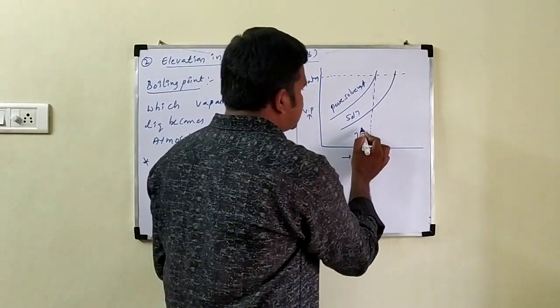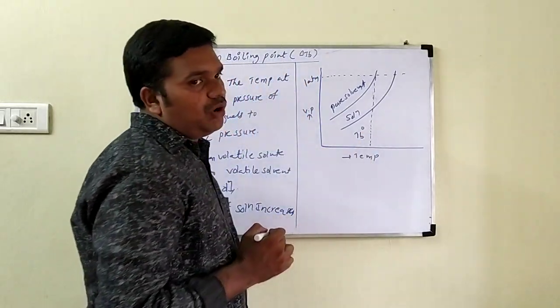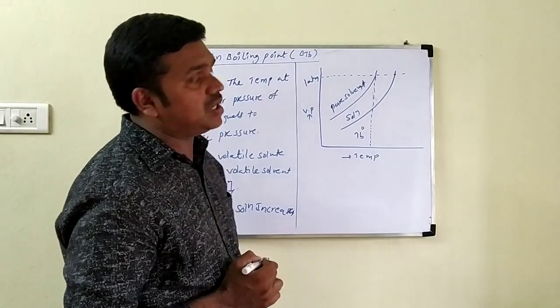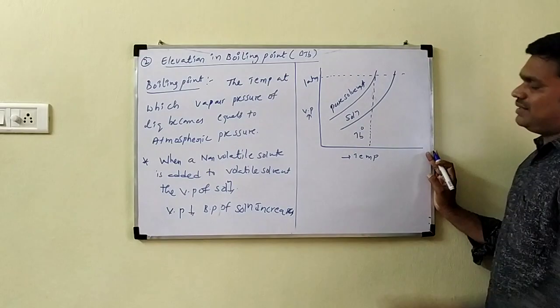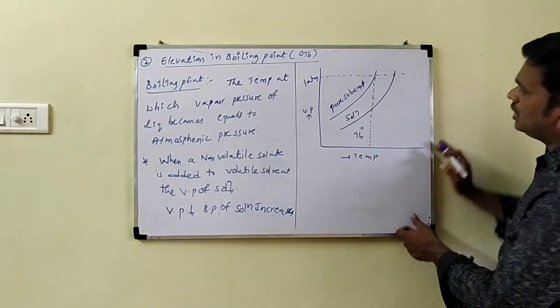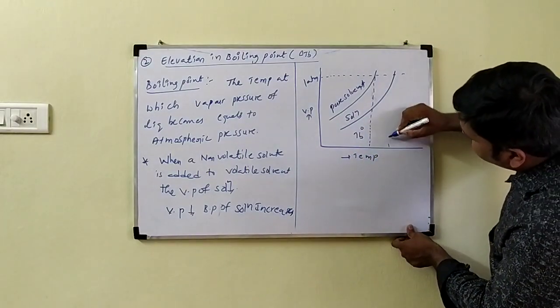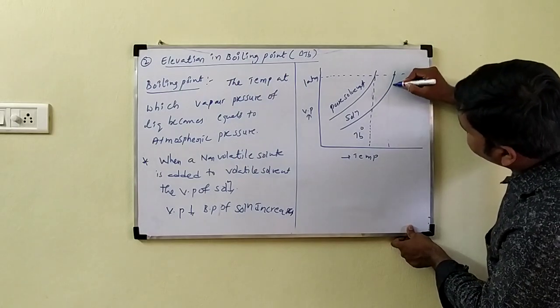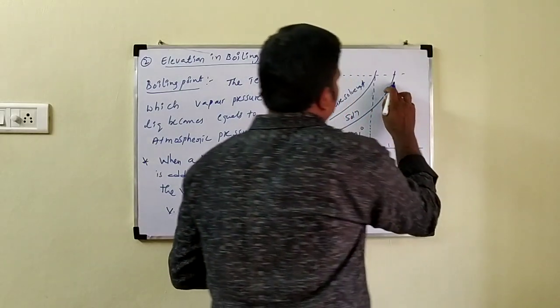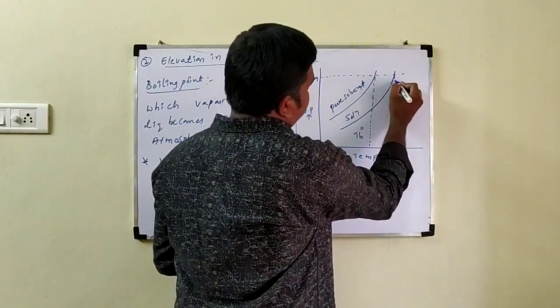Sorry, this is TB naught, the boiling point of the pure solvent only. Now we can see the second curve, that is the solution curve only. Now at this point we will draw dotted lines.